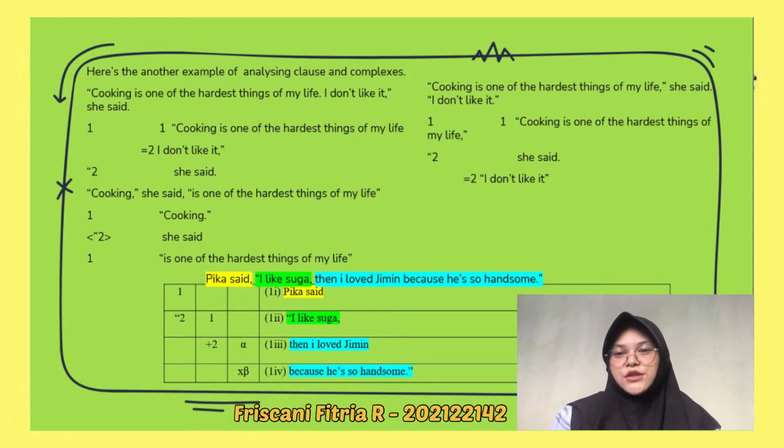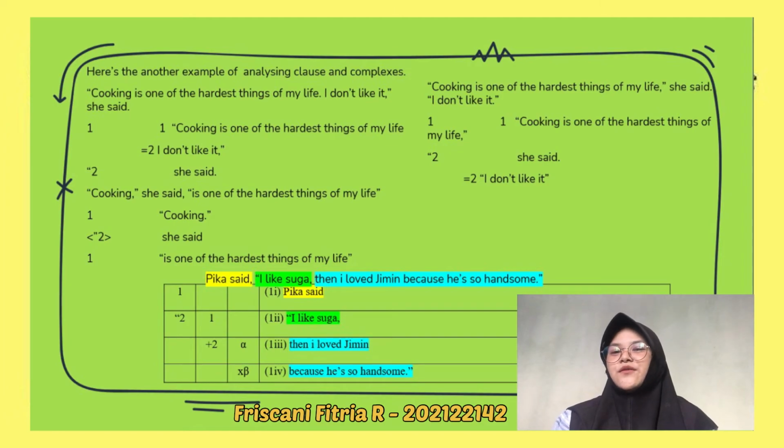So here's what you do. As you can see on the screen, there is "cooking," number 1, and because it is divided by the words "she said," we can put that symbol between, number 2. And then "is one of the..." is going to be number 1 again. Why? Because it is the same sentence, the subject and the verb are still the same, so it's still labeled as number 1.